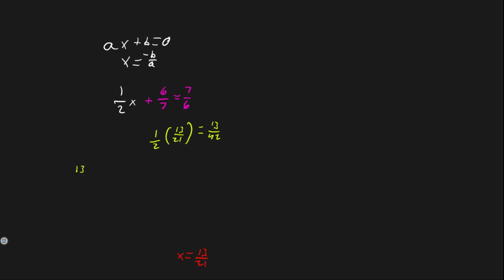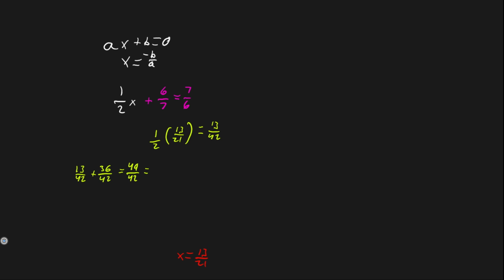So we have 13 over 42 plus 6 over 7. And now we're going to multiply again 6 over 7 by 6 over 6, giving us 36 over 42, giving us 49 over 42. Now we can try to simplify this. We're going to look for common factors of 49 over 42.